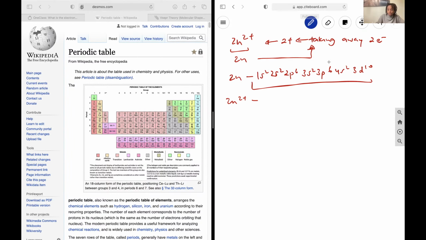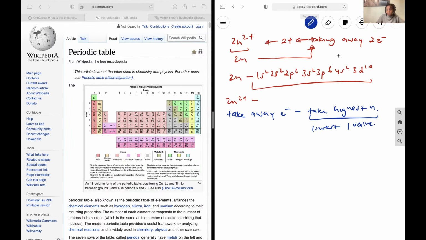So what we usually do, and the general rule, is that to take away electrons, you take from the highest n value. If you have 2 orbitals with the same n value, you take from the lowest L value. And so this one is quite straightforward.